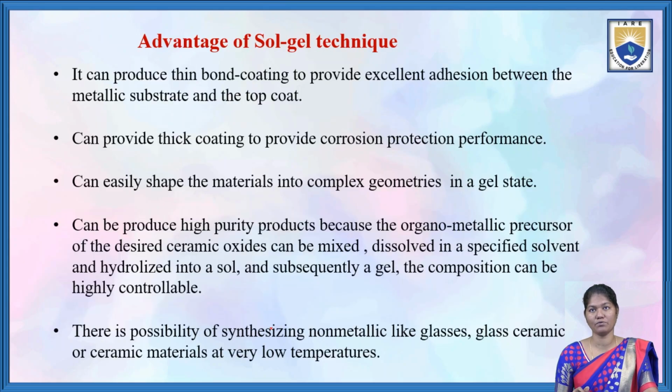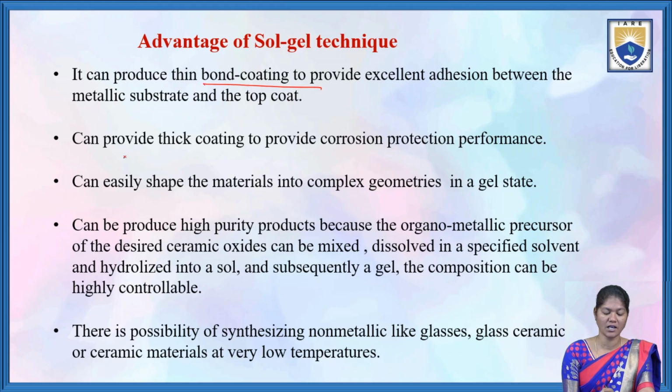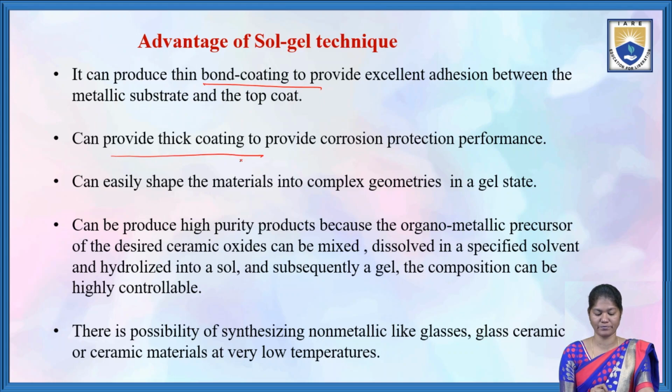So what are the advantages of this sol gel technique? It can produce a thin bond coating to provide excellent adhesion between the metallic substrate and the top coat. It can provide a thick coating for corrosion protection performance. It can easily shape the materials into complex geometries in a gel state.